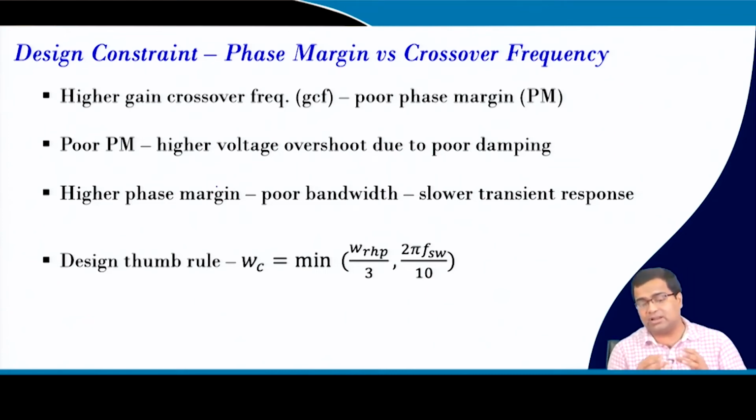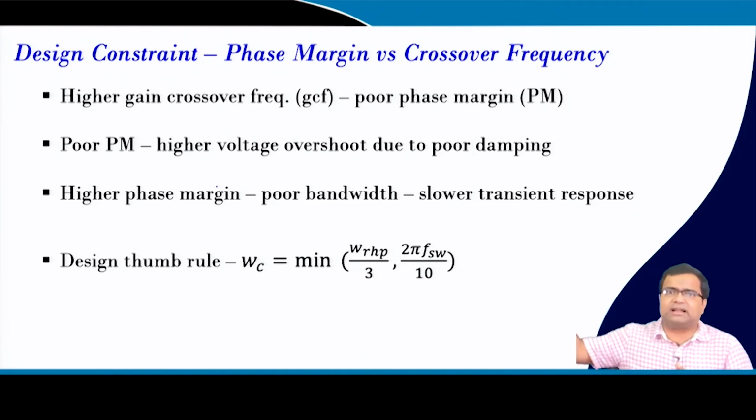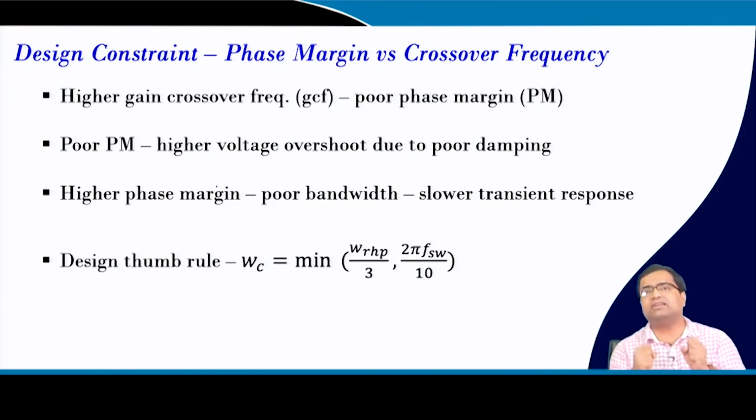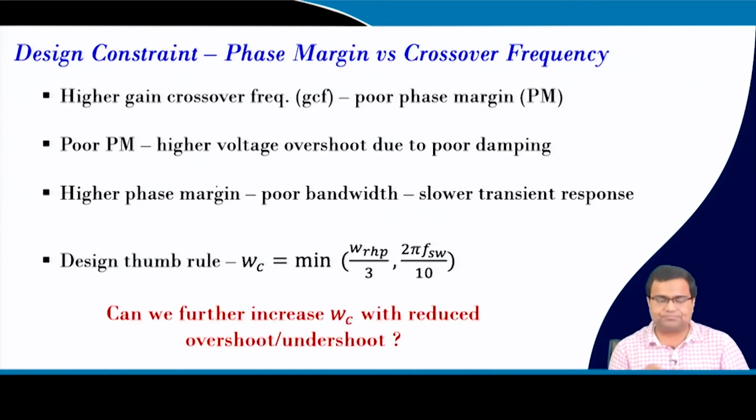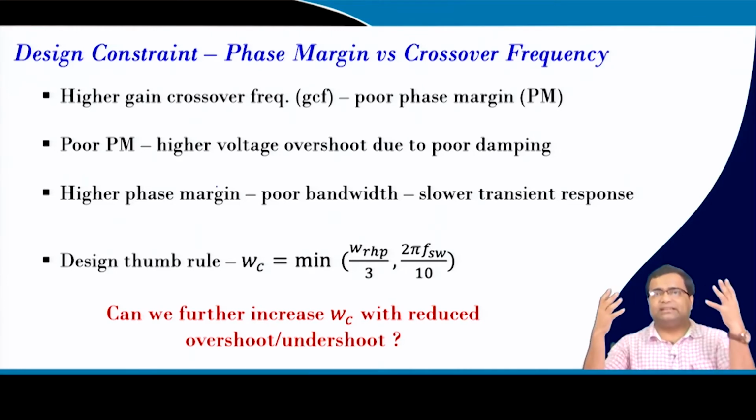Because if you take light load, then the RHP zero will be farther to the right side, and then your model validity comes in terms of 1/10 of the switching frequency, beyond which it will not work, because we have discussed that earlier. But this trade-off will not allow us to extend the bandwidth or response, because if we want to go further up, then our overshoot is increasing, if you want to speed up.